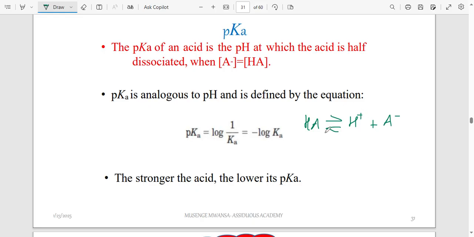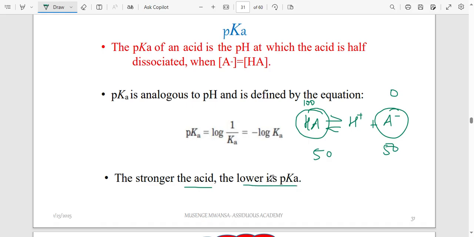At a point where it is only half dissociated, you have got equal amounts of HA and A minus. Let's say, for example, you started with 100 of HA and no product, but now you have got 50, 50. At that point where the concentrations of these two are the same, the pH is what we call the pKa. So the stronger the acid, the lower its pKa.